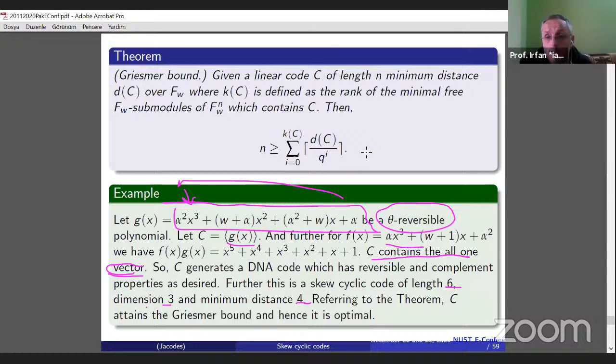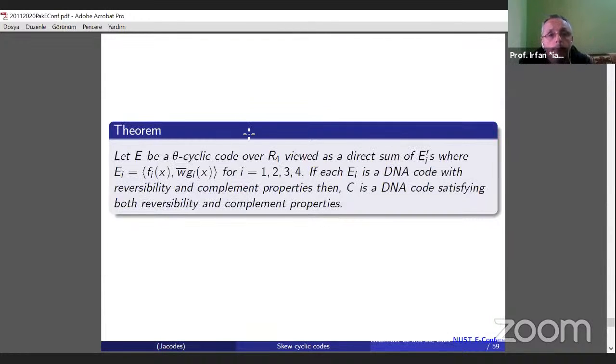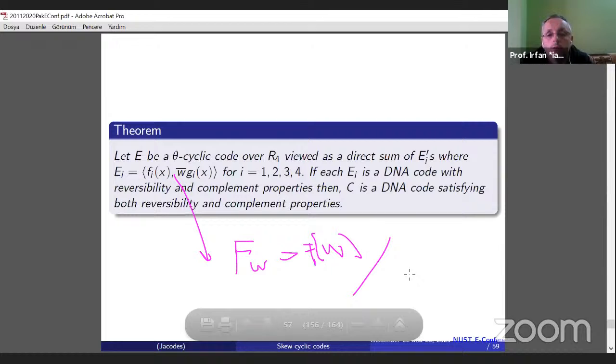It's not a breakthrough, because there are small ones, but it encourages us to look at it further and study it further. Okay, and this is basically the very last theorem. Since we managed to understand this ring, this is the base, f of W modulo W squared minus 1.